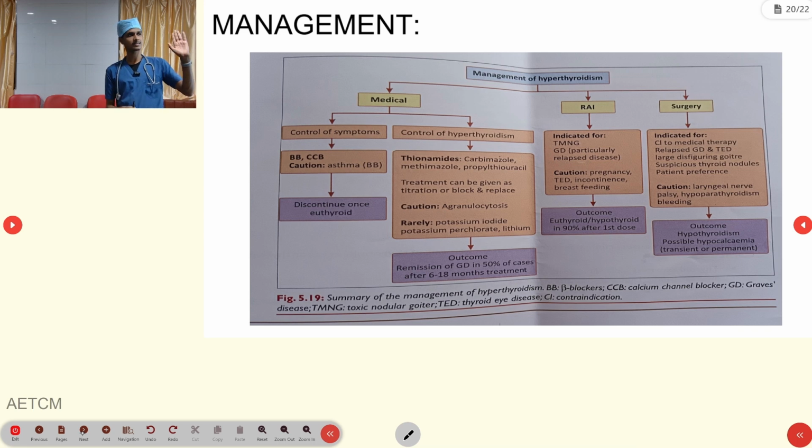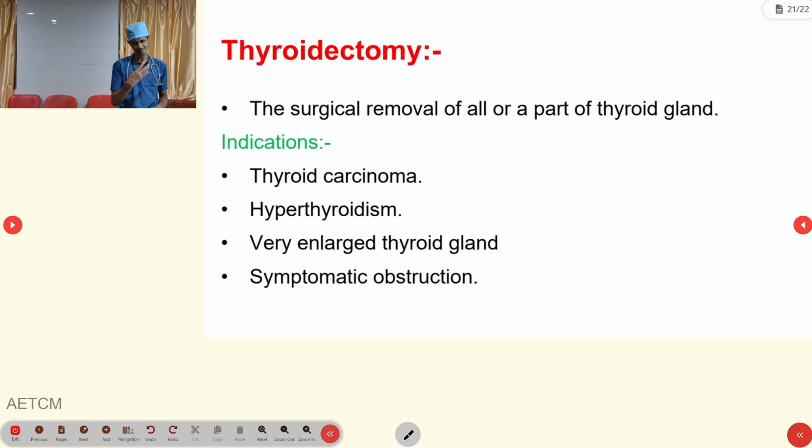So we told regarding the symptoms, and then we have to control the secretion with anti-thyroid drugs, or else radioactive iodine therapy, or else we can go with surgery. If the hyperthyroidism is not subsiding with medical treatment, then you can go with surgery.